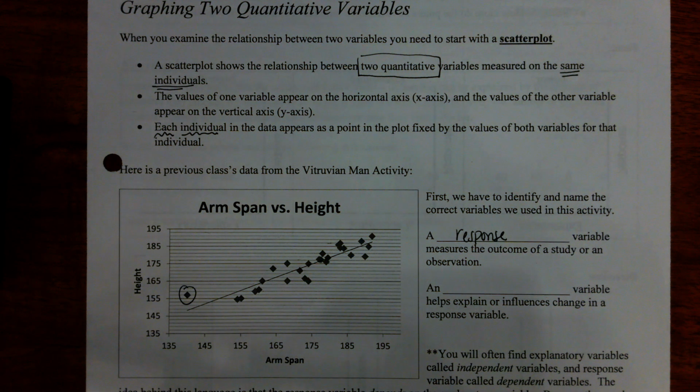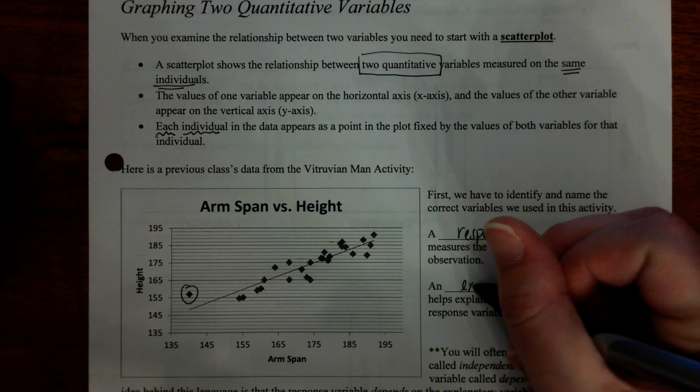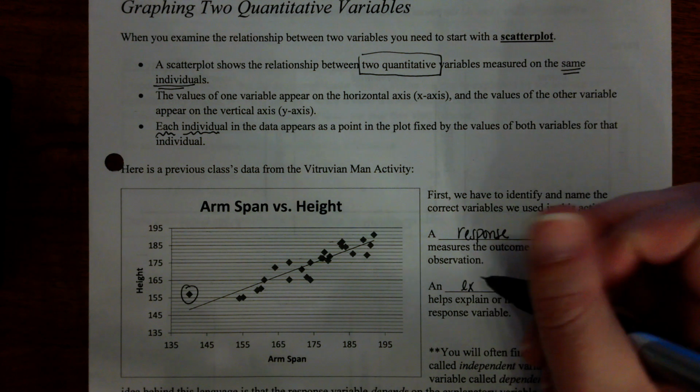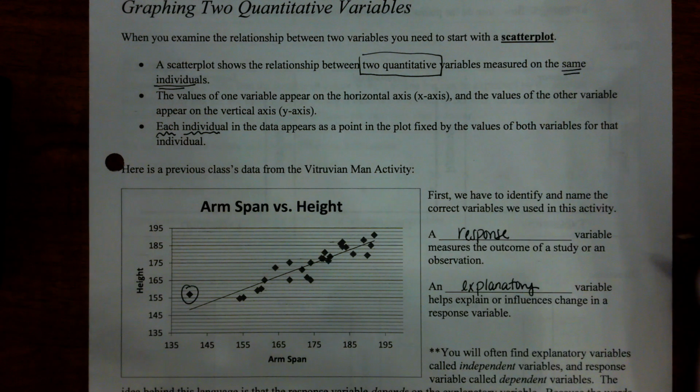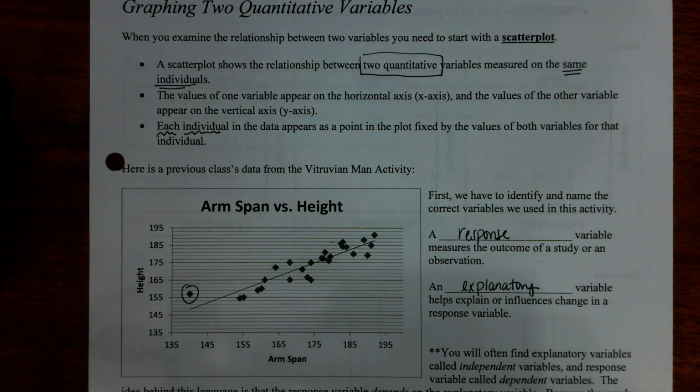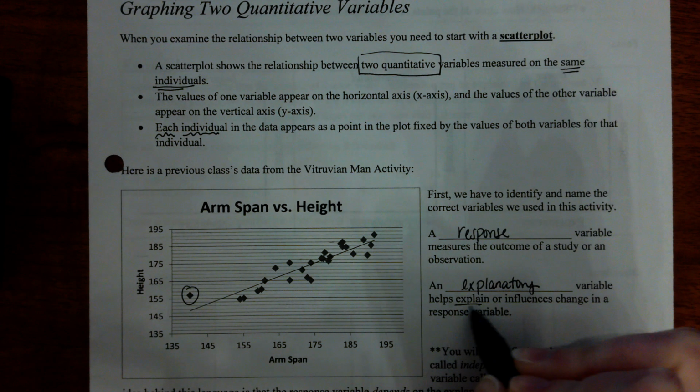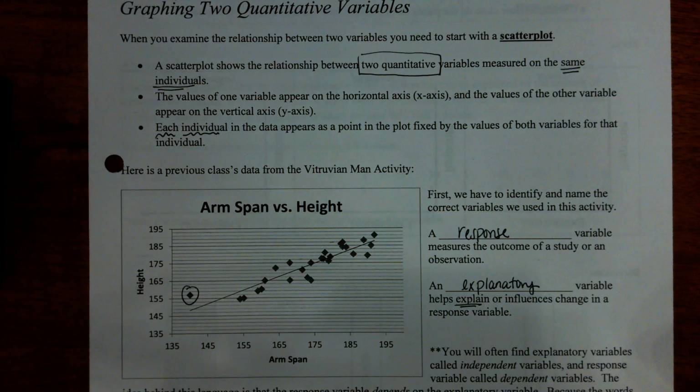The response variable measures the outcome of the survey or an observation that we may have or a study that we tried. When we're looking at an explanatory variable, the explanatory variable helps us explain, or it influences and changes the response variable.